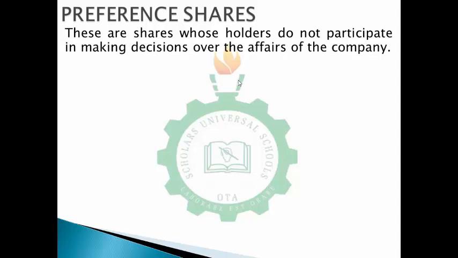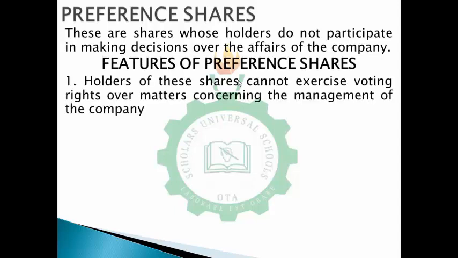Now, for the features of preference shares, the first feature is that holders of these shares cannot exercise voting right over matters concerning the management of the company. Unlike ordinary shareholders, the appointment of the directors, the appointment of auditors, and the decision about the dividend sharing are saddled with the ordinary shareholders. Unlike these, preference shares have no right.